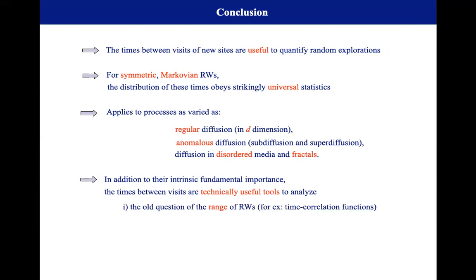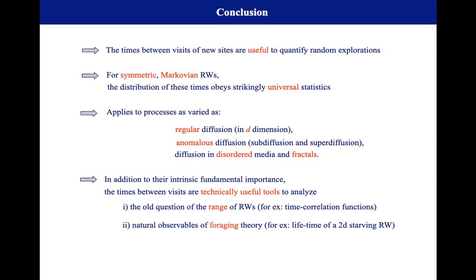For instance, I think they can be useful to reanalyze the old question of the range of random walks. For instance, you can be interested in time correlation functions. This is a study that has been initiated by my friend Gleb Oshanin. He calculated the covariance of the range for a one-dimensional random motion. Actually, you can go beyond and determine with these tools all the correlation functions, and you can go beyond Brownian motion.